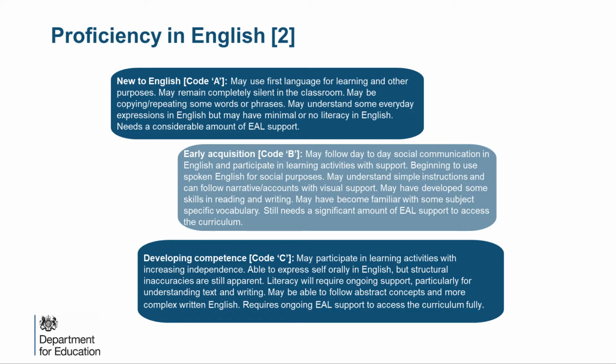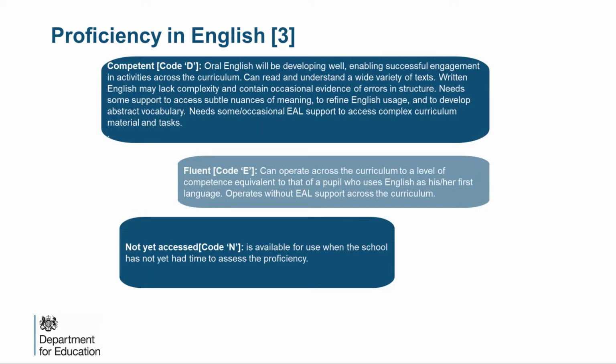The principle of making a best fit judgment is important, as it's not expected that the descriptors for each proficiency level should act as a simple checkbox where a pupil has to meet all the descriptions. The focus should be on the description which best describes the proficiency of each EAL child.